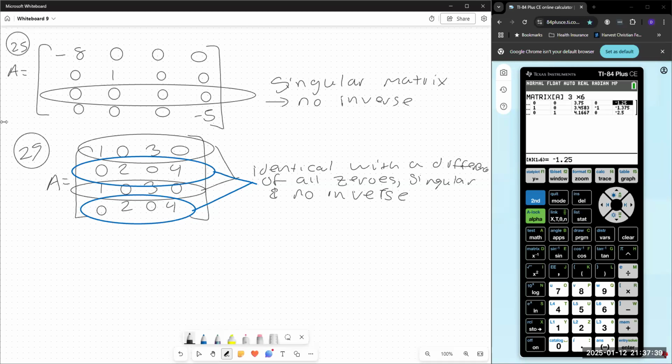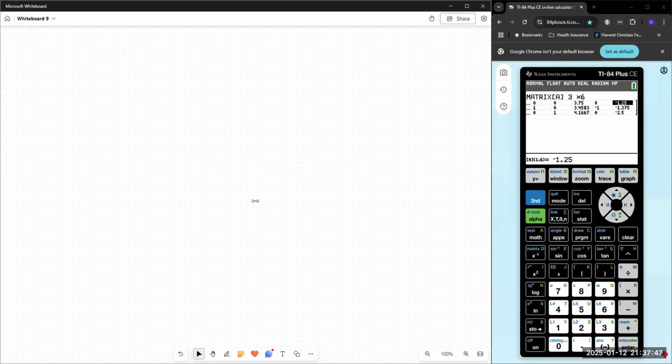Let's jump ahead now to number 33. And 33 says to find the inverse of the 2 by 2 matrix using the formula that's given to us in the book.